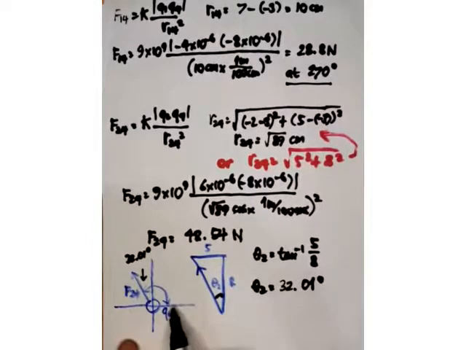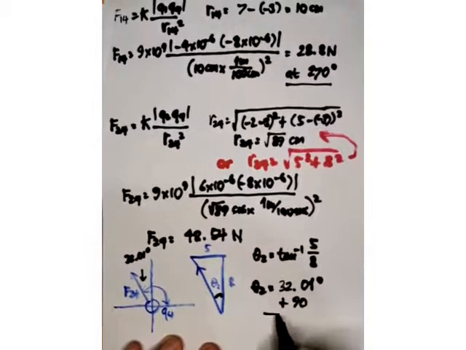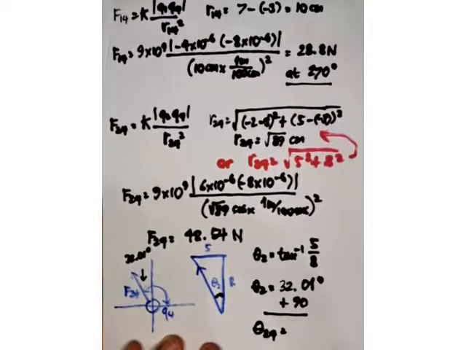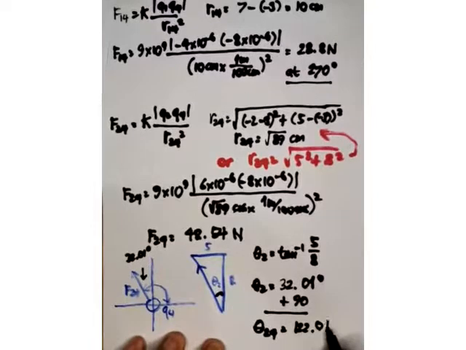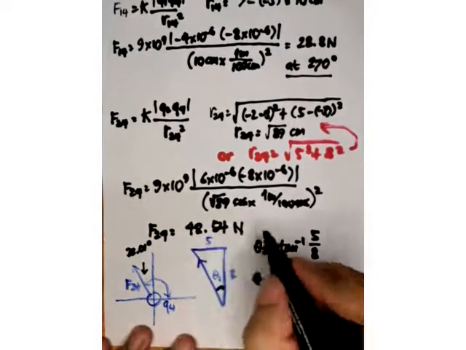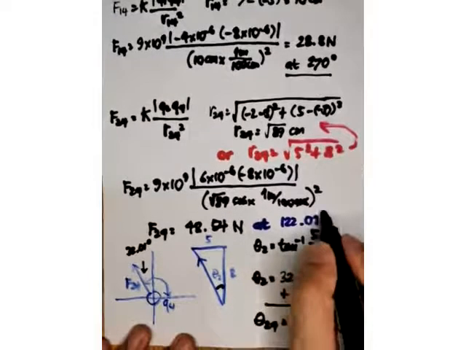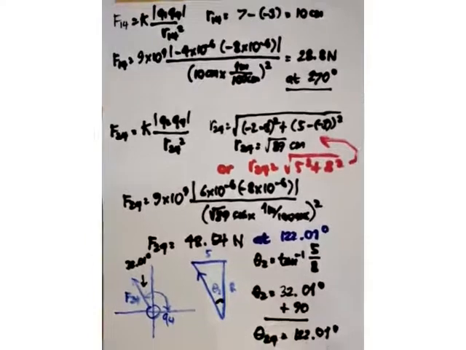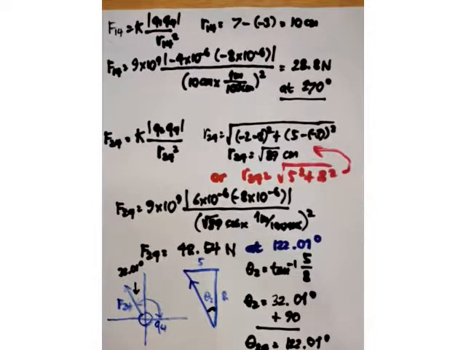Ayan. So kailangan ko hanggang dito. So syempre alam ko 90 to. So mag-add na lang ako ng 90 degrees. So yung theta ng 2 to 4 or direction ng 2 to 4 is 122.01 degrees. Okay, so that means we can write that the direction of F24 is at 122.01 degrees.